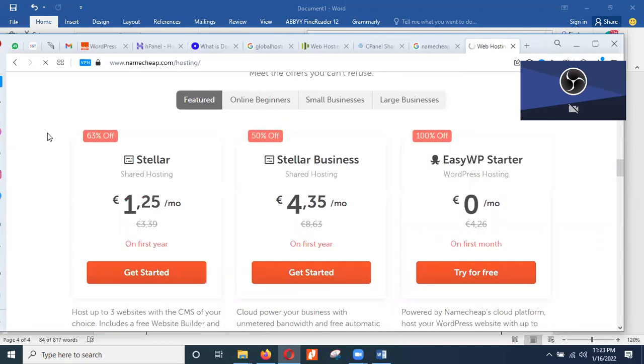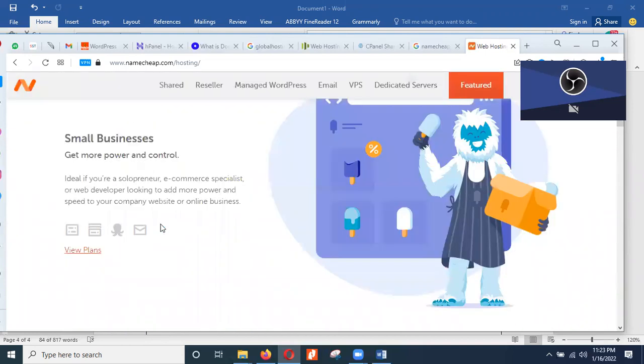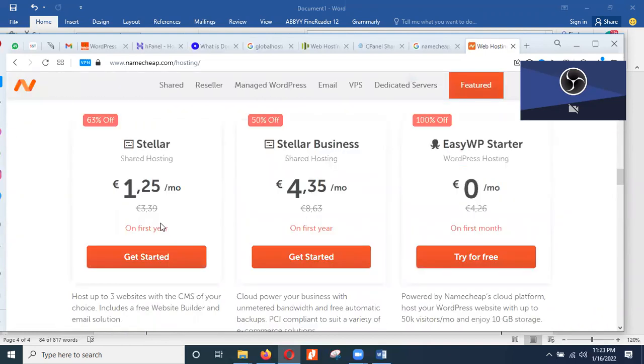They have a plan and they sell it for 1.25 euros per month.